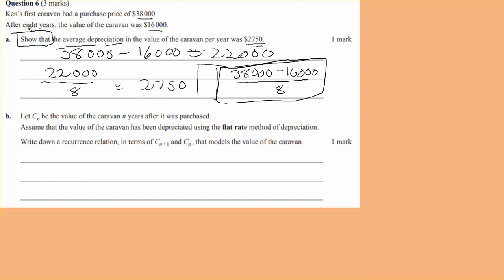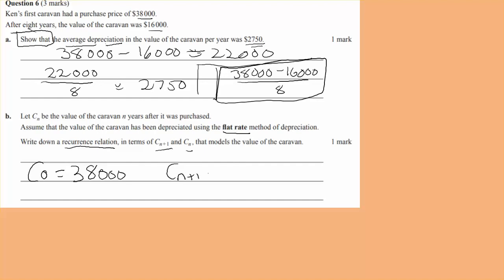Let Cn be the value of the caravan n years after it was purchased. Assume that the value of the caravan has been depreciated using the flat rate method of depreciation. Write down the recurrence relation in terms of Cn plus 1. Please use the letter that is required. Remember, the first part of a recurrence relation is the rule. So C0 equals 38,000.